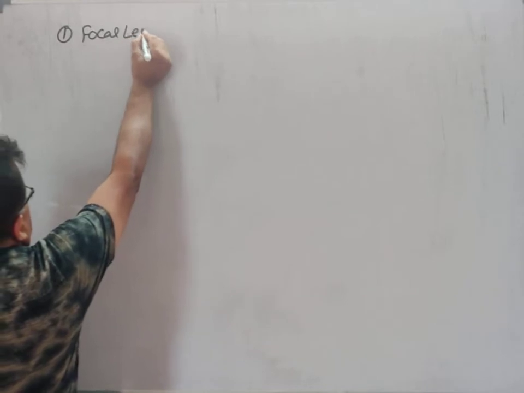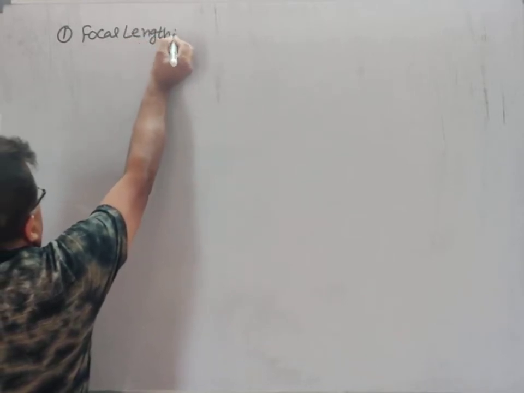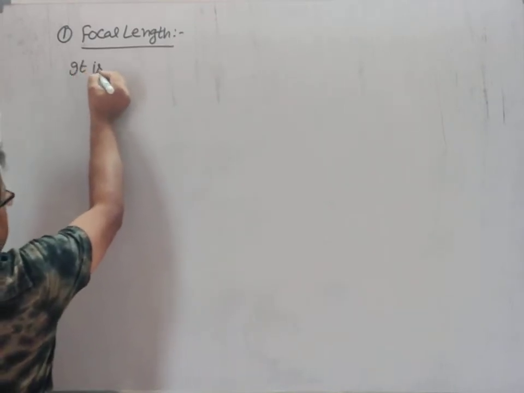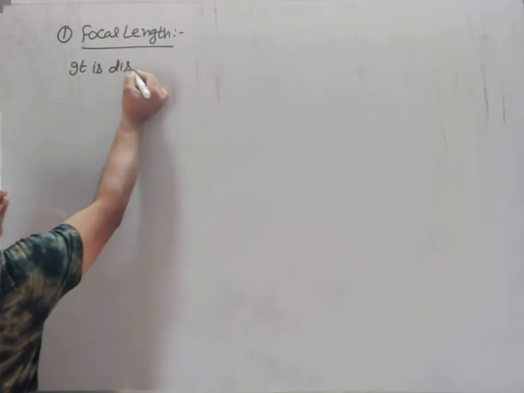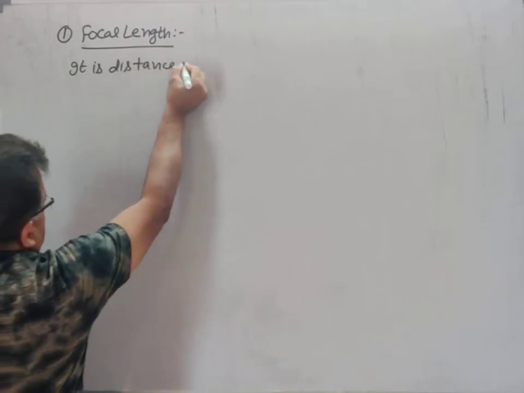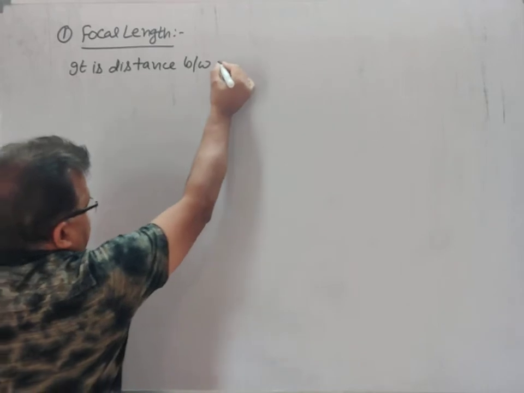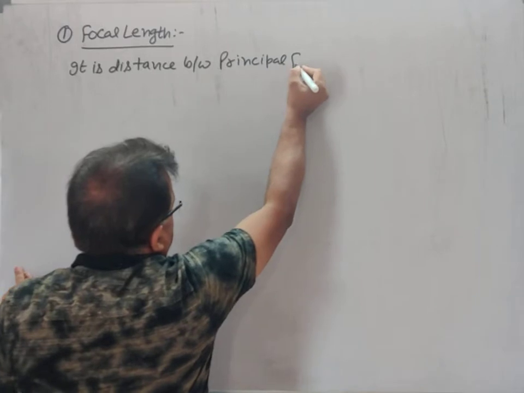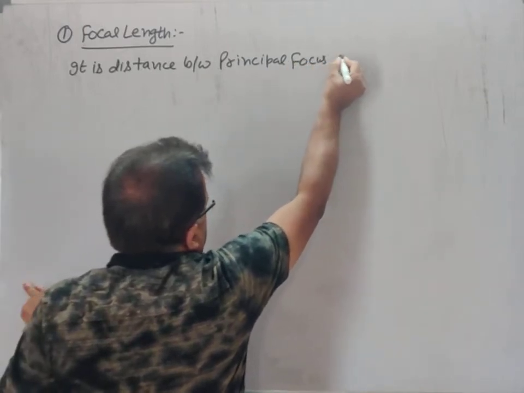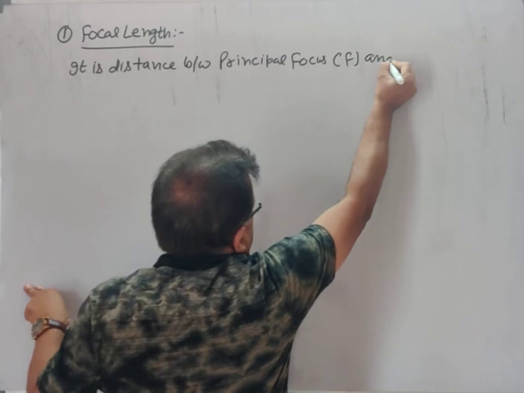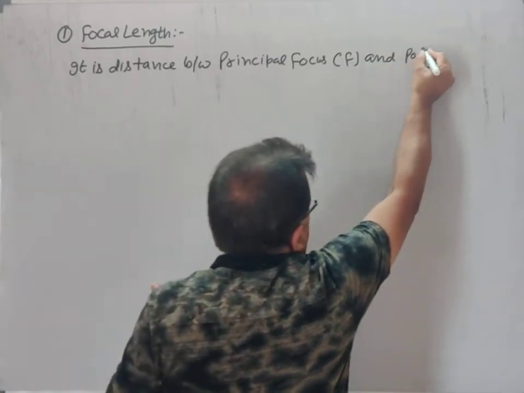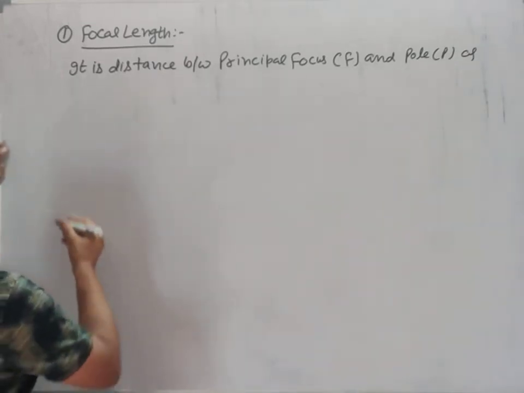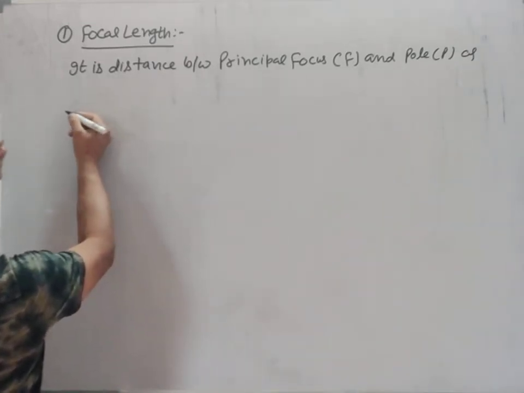Focal length is the distance between principal focus, that is F, and pole, that is P, of a spherical mirror.